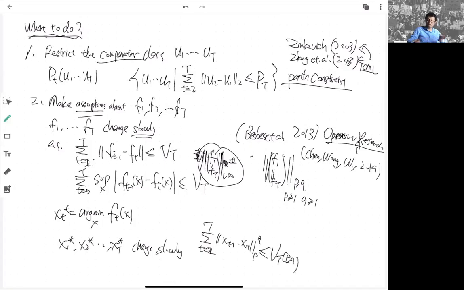So that's an alternative that you can define for how these approaches would work, and that's more closely related to the path length type of constraints, but different because you are actually making assumptions on F1 to Ft. But in the first setting, you are not making any assumptions on F1 to Ft. You're only making assumptions about the comparator sequence that you want to compete against.